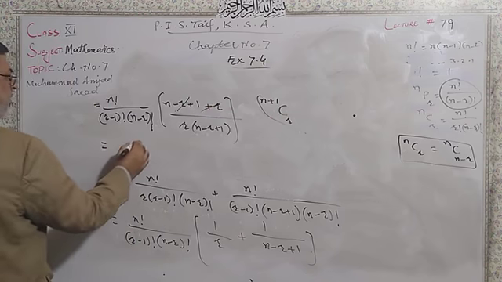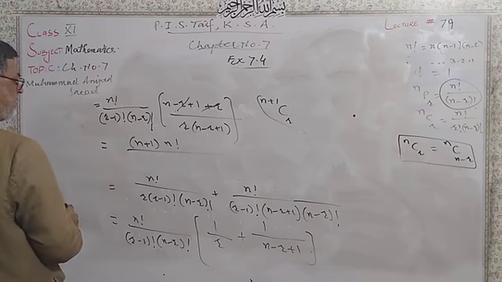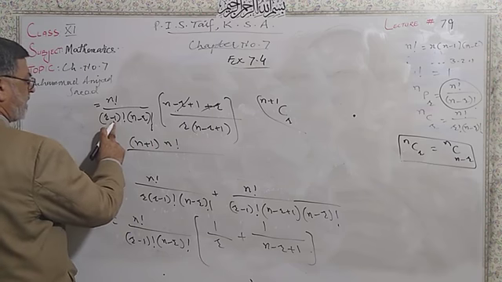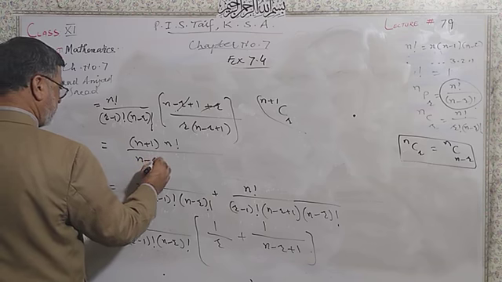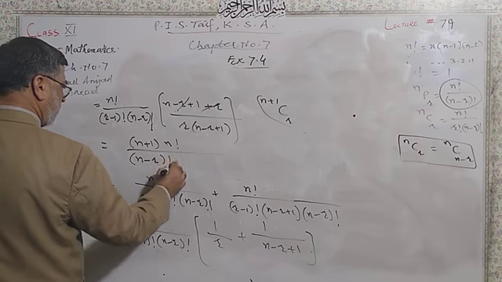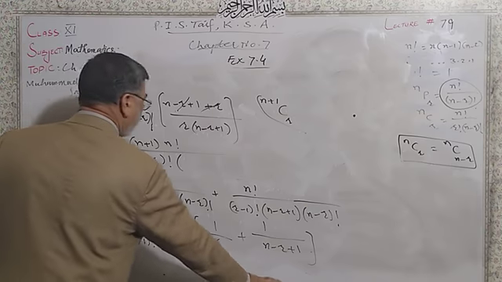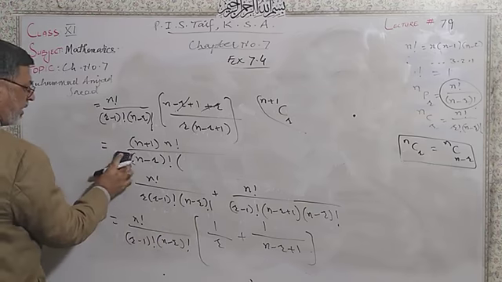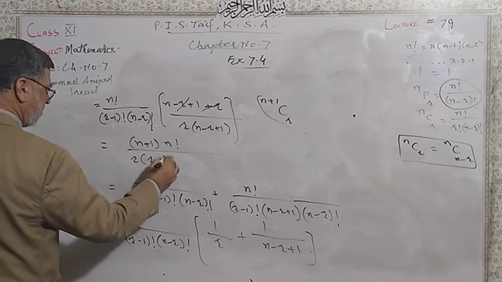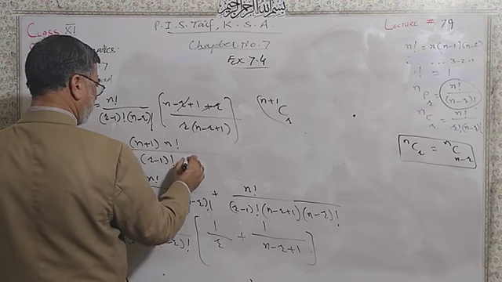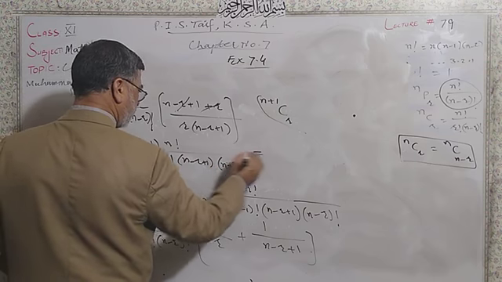The r terms cancel out. We have n plus 1 into n factorial over r minus 1 factorial into r, and n minus r plus 1 into n minus r factorial.